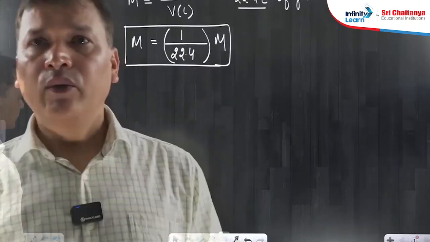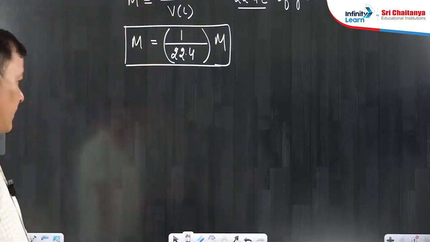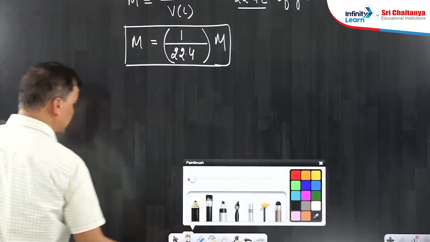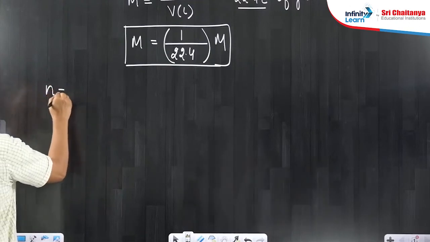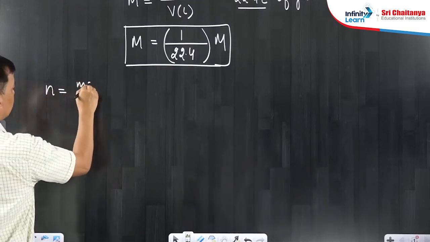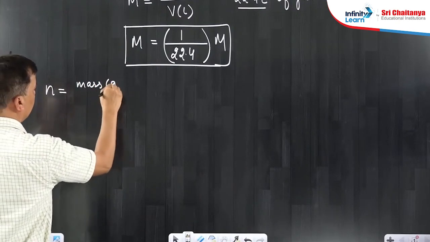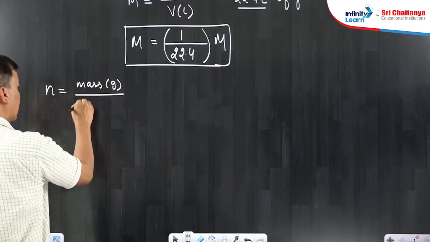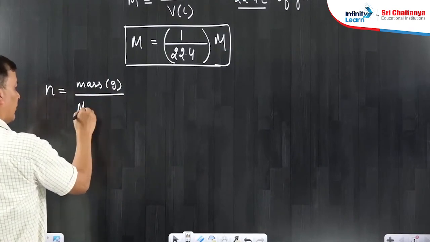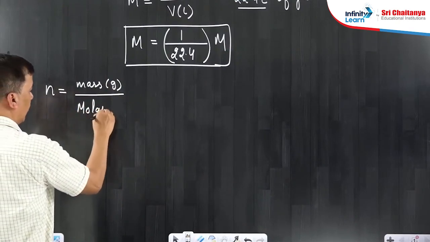Is that clear? We have 3 formulas. Now we are clubbing these formulas. I am writing first of all here. First formula is what? Number of moles, that is given mass in grams divided by molar mass, M, or you can write molar mass.